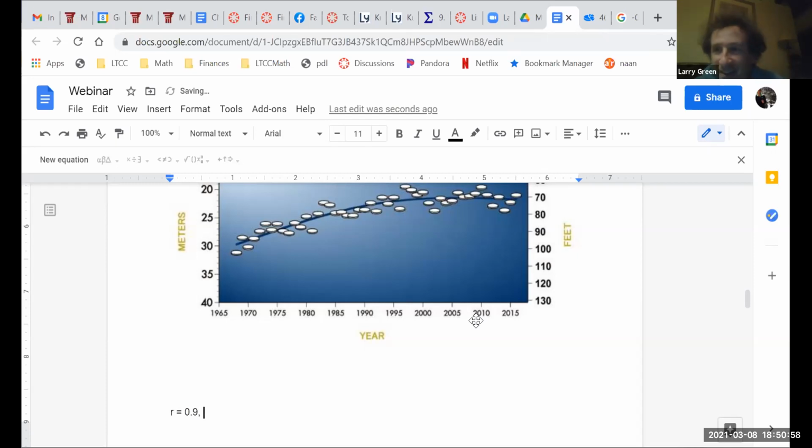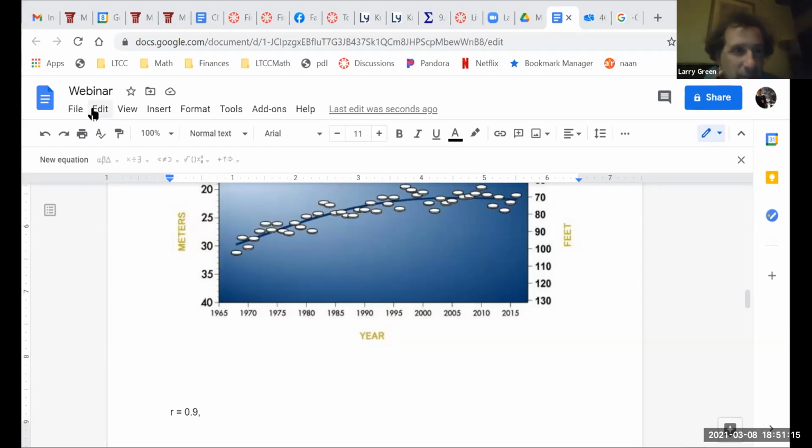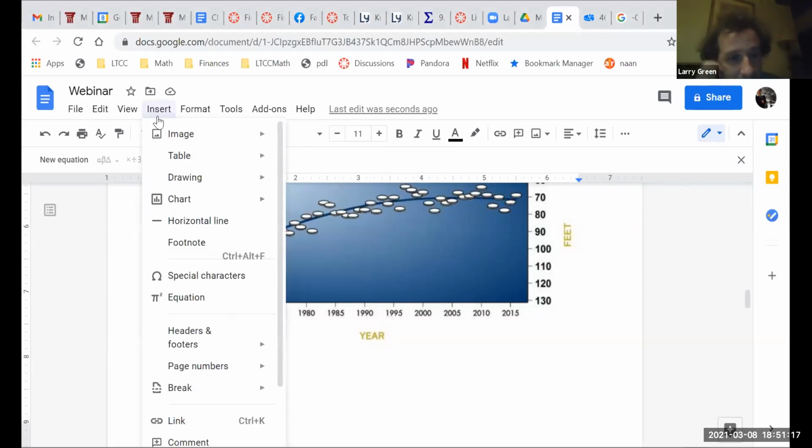And the good news is that there's nothing tricky about this. Any guess on what R squared is if R is 0.9? 0.81, I think someone said. Yeah, 0.81. So let's put that in.